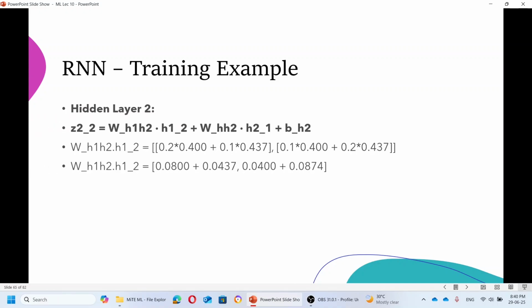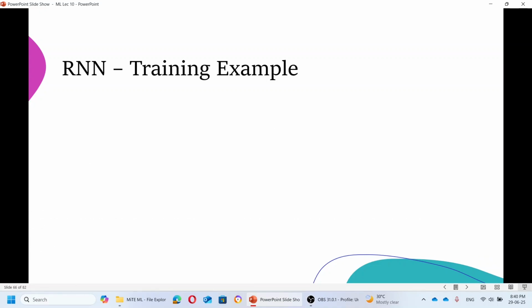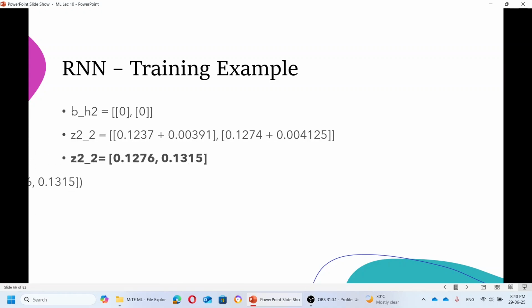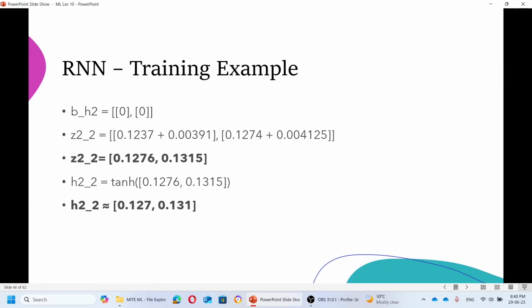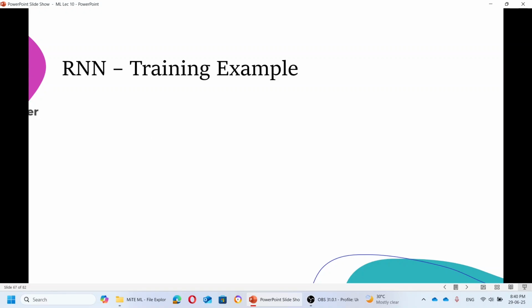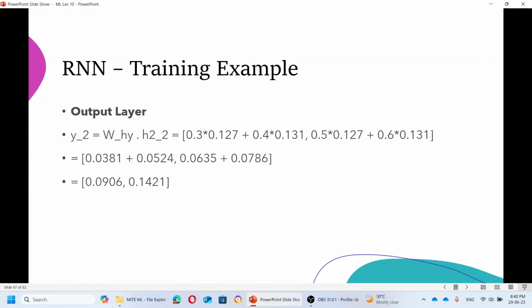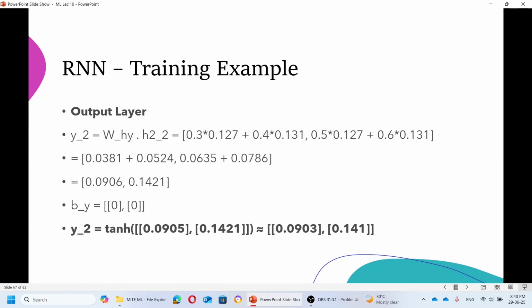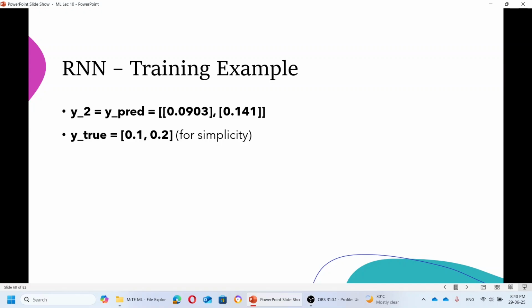And for the second layer, H22, we get 0.127 and 0.131. Now again we compute the output, and the output is 0.0903 and 0.141. Now this is our predicted value. Finally Y2 is equal to 0.0903 and 0.141, and our true values are 0.1 and 0.2.